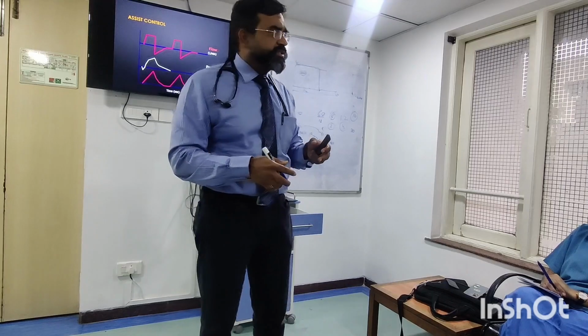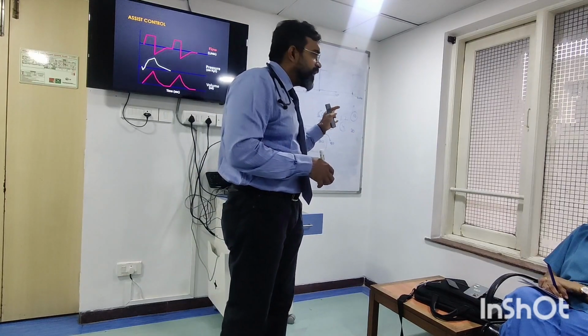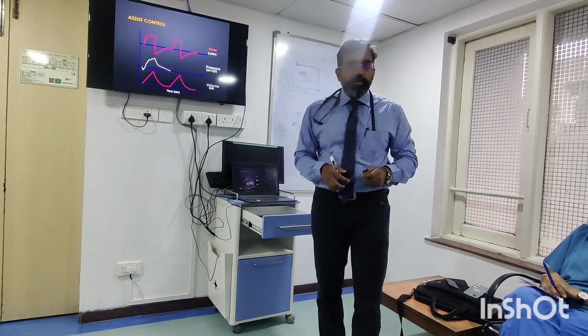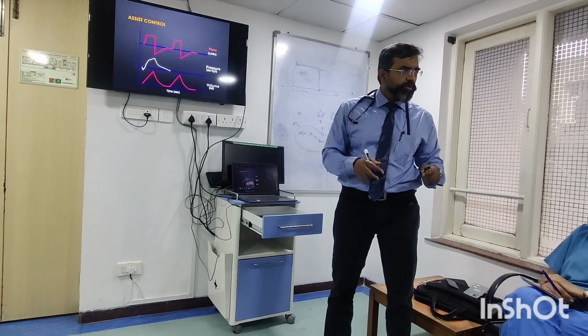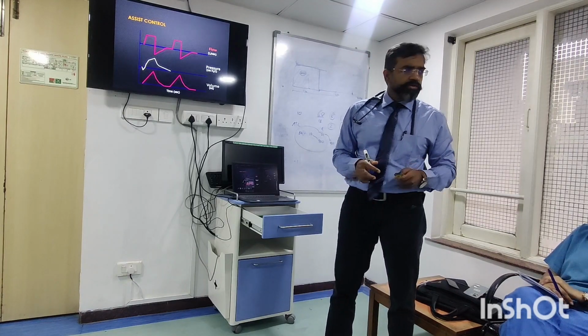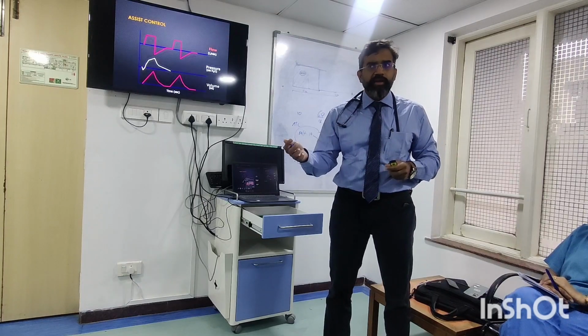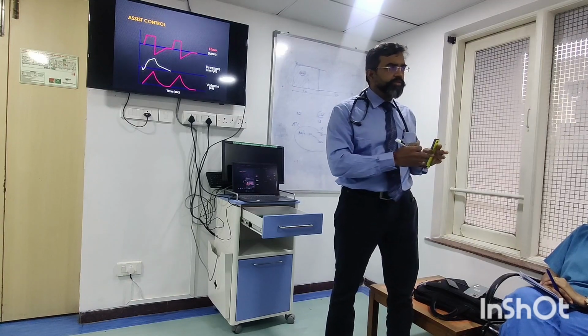So his minute ventilation will go from a normal 5 liters to 10 liters. Clear? This is what is going to happen in assist control. Clear on this? In any kind of assist control, let it be pressure, let it be volume, this is what is going to occur. So the chance of a patient getting into respiratory alkalosis is very high if you do not control the basic pathology with which the patient has come in.